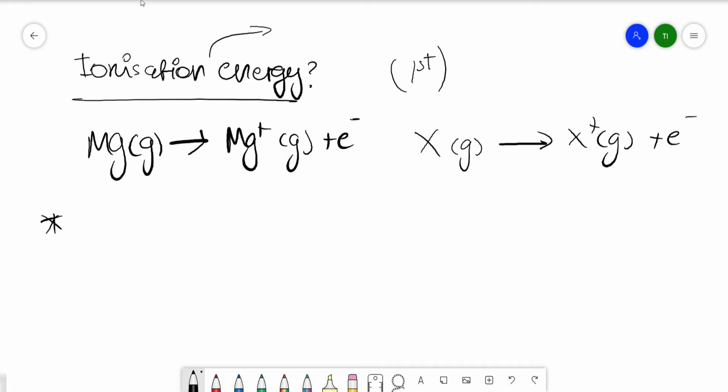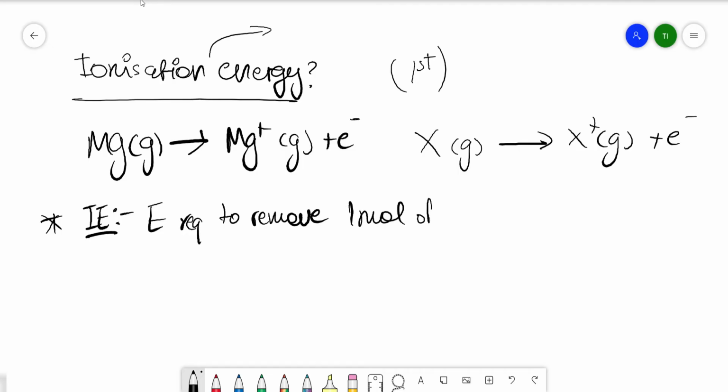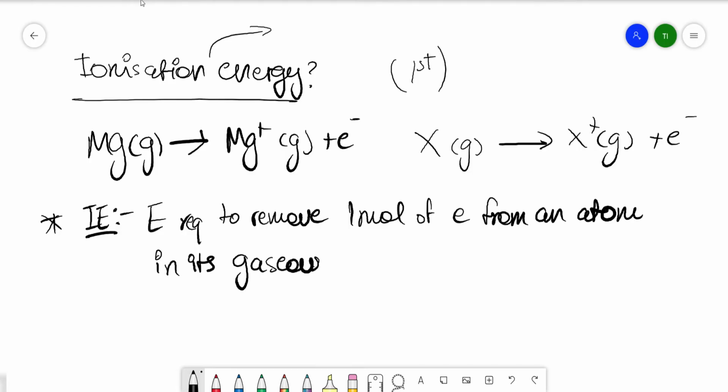So in general, ionization energy is the energy required to remove 1 mole of electrons from an atom in its gaseous state.